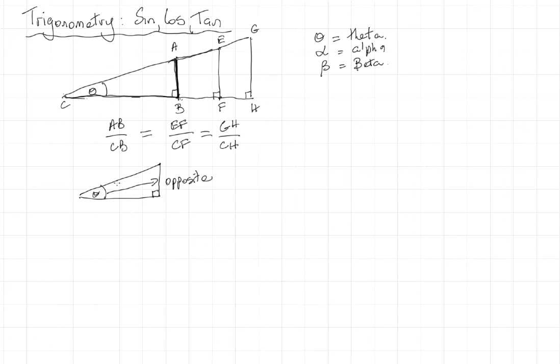Okay, so that's the opposite of theta. This one here is the adjacent side. And you know that the side opposite the right angle is always called the hypotenuse. So what we were talking about up here is the opposite and the adjacent.